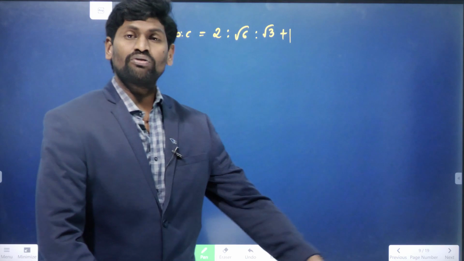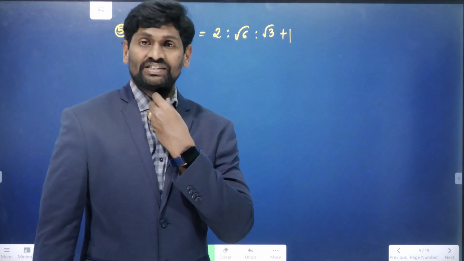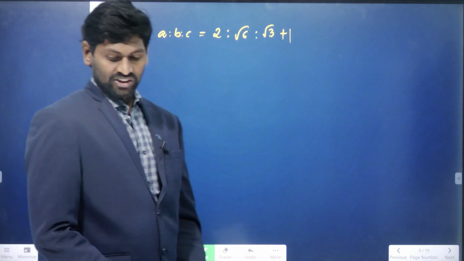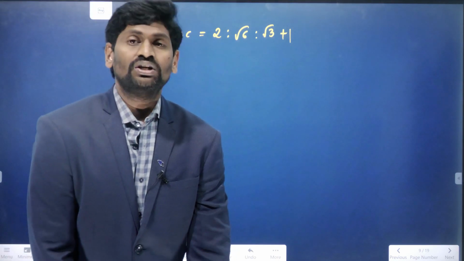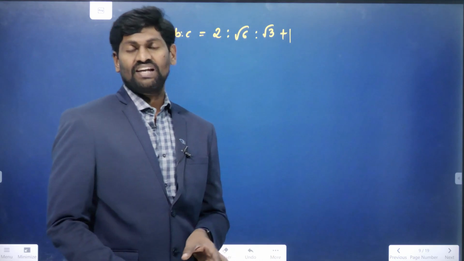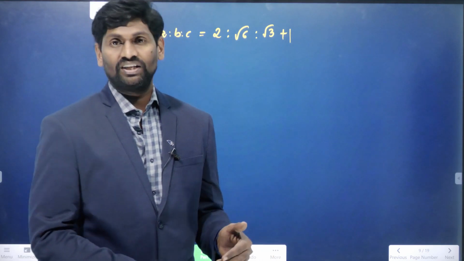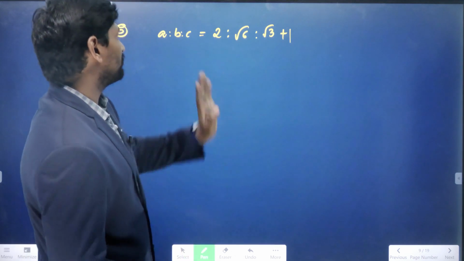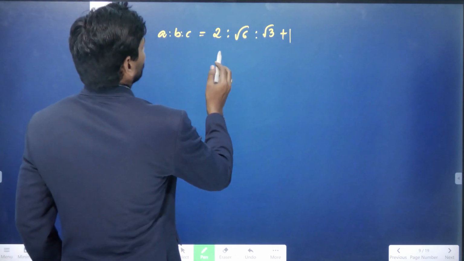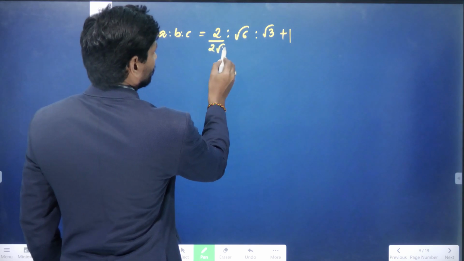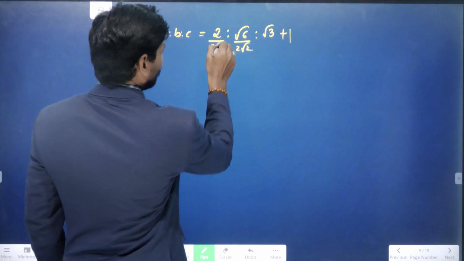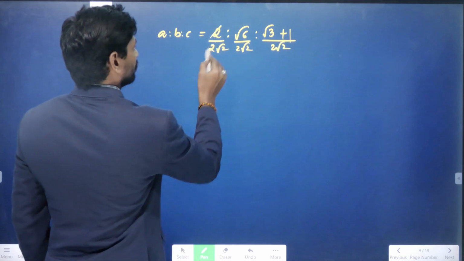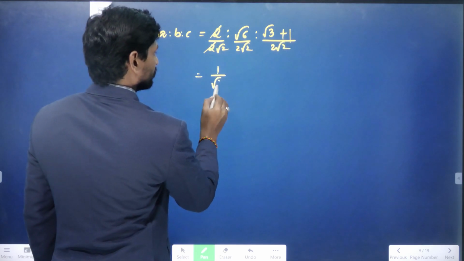We need to find the value of angle C. I am using the sine ratio. Sine and cos have the same value at 45 degrees, which is 1 by root 2. Now I multiply every term by 2 root 2 to get 1 by root 2 here. The 2 cancels, and the answer is 1 by root 2.